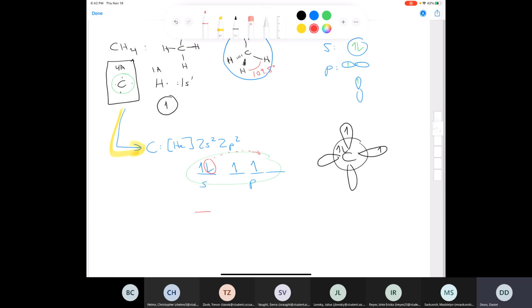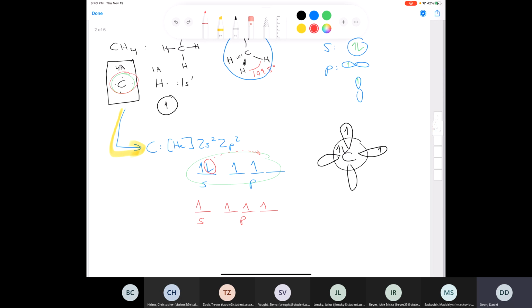If I take 1 electron from there and put 3 electrons in here, that solves part of my problem, because now I've got 4 unpaired electrons and I want to form 4 bonds. I want to have 4 unpaired electrons like my Lewis structure, but there's still a problem because they're in 2 different types of orbitals, and I need 4 orbitals that are going to be spread out equally.